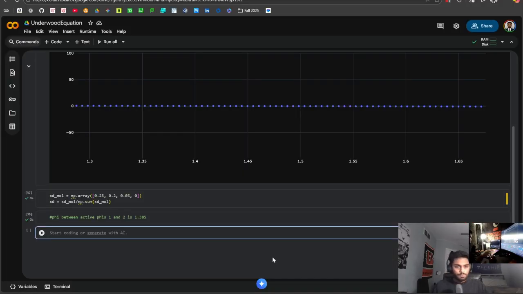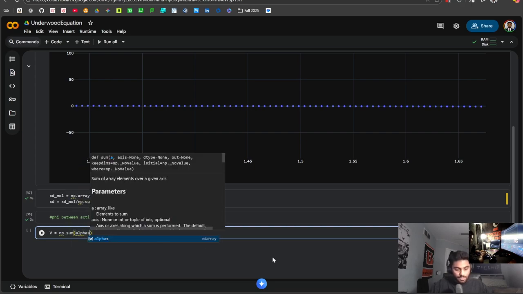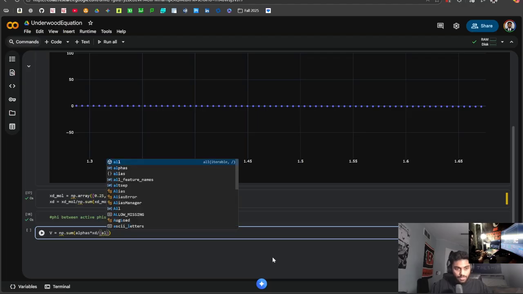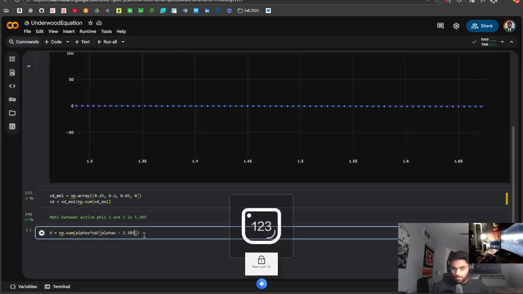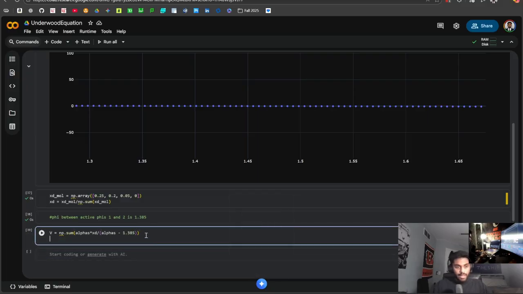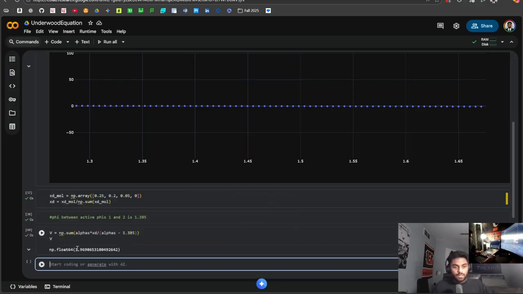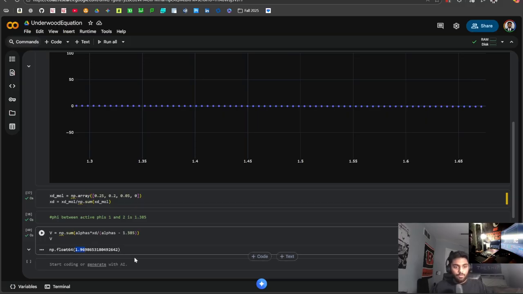So V is going to be equal to the sum of our alphas times our xd over alphas minus phi. And we're going to be using the solution we found, which was 1.385. And that gives us a minimum vapor flow rate of around 1.97.